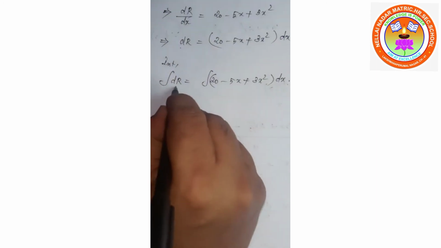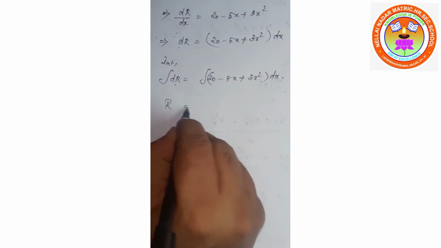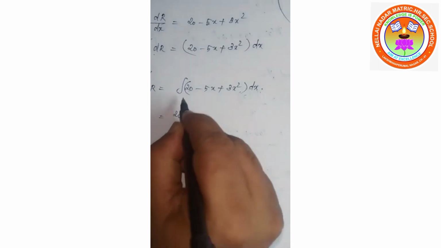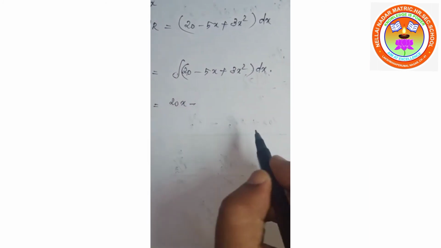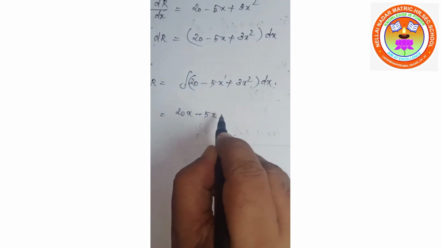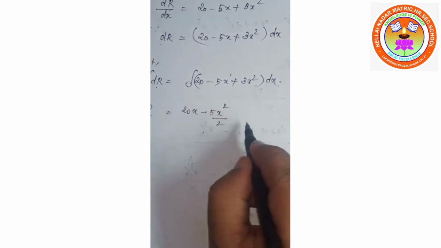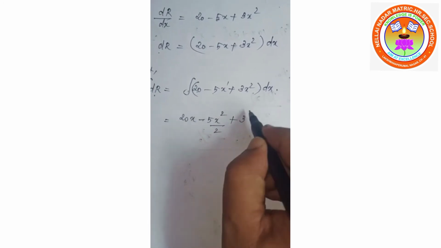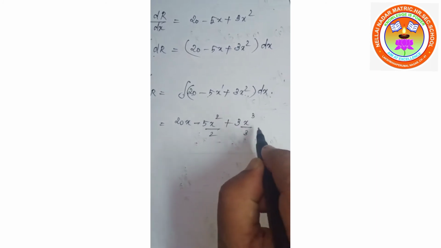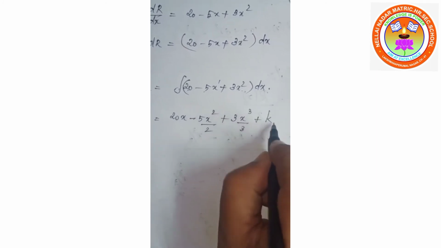We know the integration of dR is equal to R. Then integral 20 dx, 20 as it is, integral dx is x, minus 5 as it is, x power 1 integration is x power 2 divided by 2, plus 3, x squared integration is x power 3 divided by 3. After the integration you have to introduce the constant k.